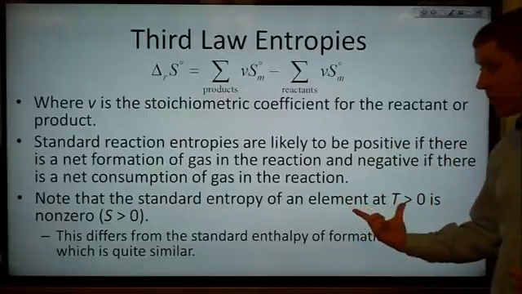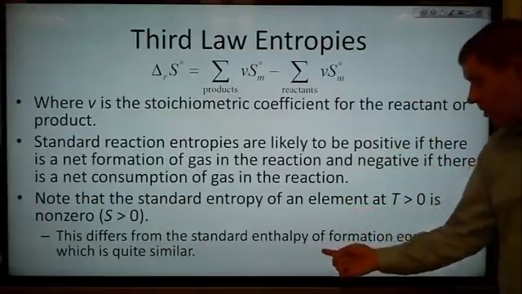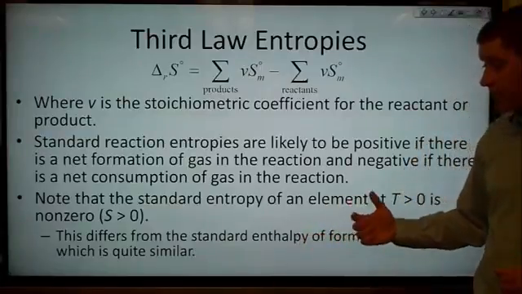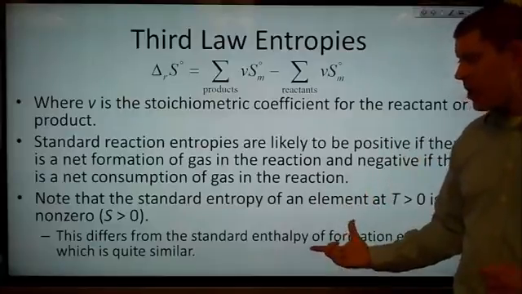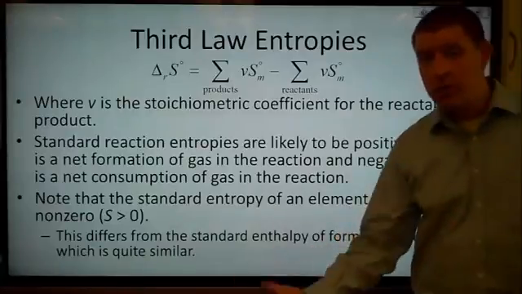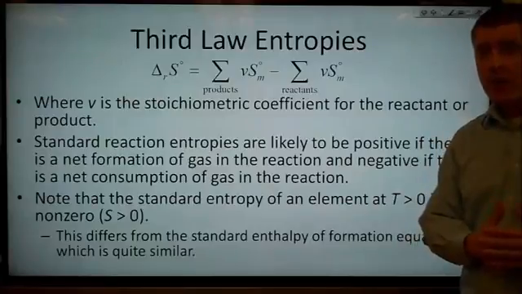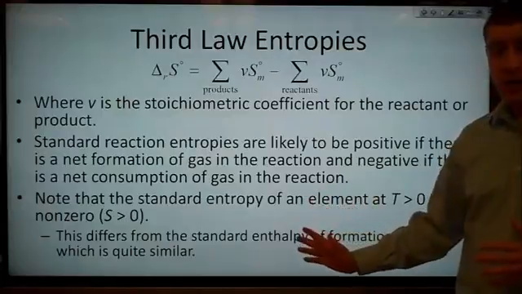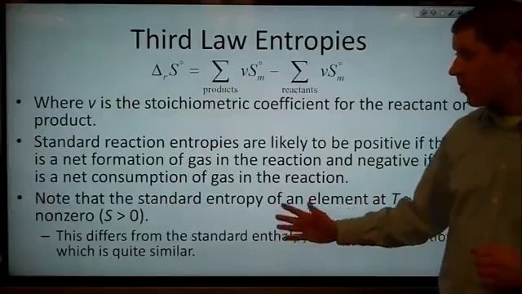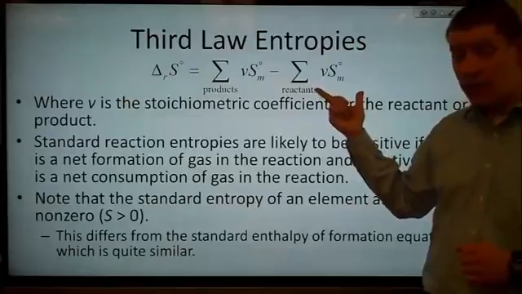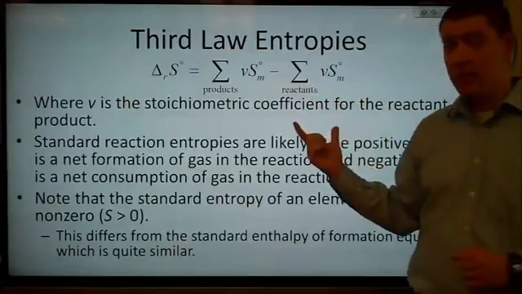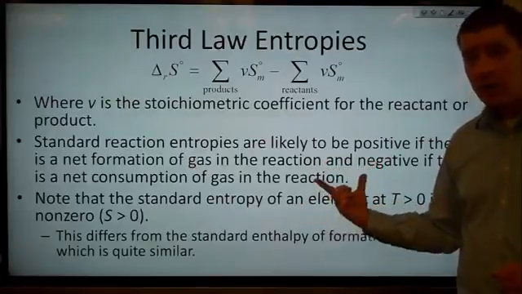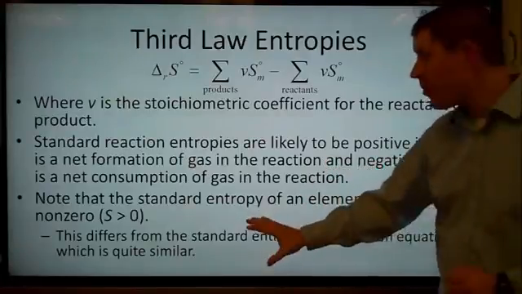And so this is different than the standard enthalpy of formation, because remember, for the formation reaction, we're assuming that at all temperatures the enthalpy of an element in its standard state is zero. We're not doing that here for the standard reaction entropy. The only time when the entropy of an element is zero is when it's at absolute zero. So that's an important difference.